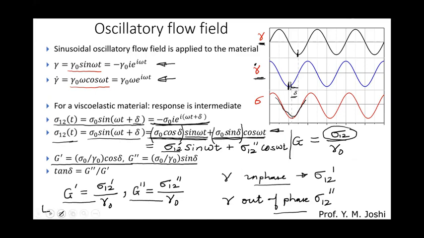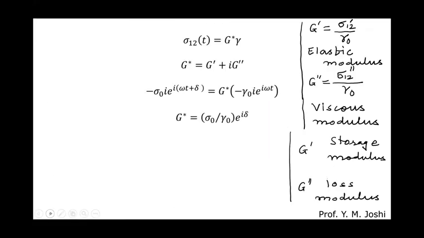The stress has been defined in a complex form as complex modulus multiplied by strain in a complex form. We already know that strain in a complex form is represented like this, while the stress in the complex form, also shown in the previous slide, is represented like this.